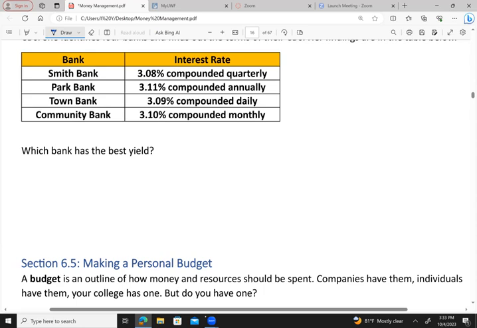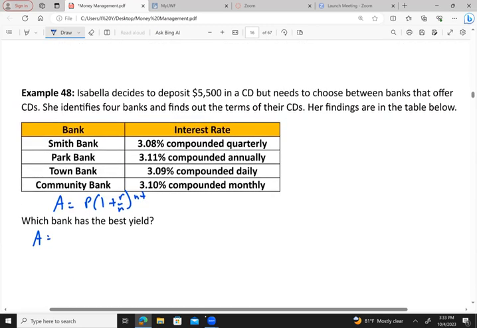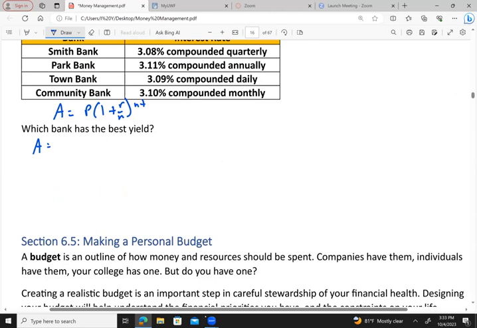So what was that formula again? A equals P times (1 plus R over N) to the NT. So we start out with our first bank. And what was our principal? 5,500. 5,500 times 1 plus 0.038, and quarterly means 4.